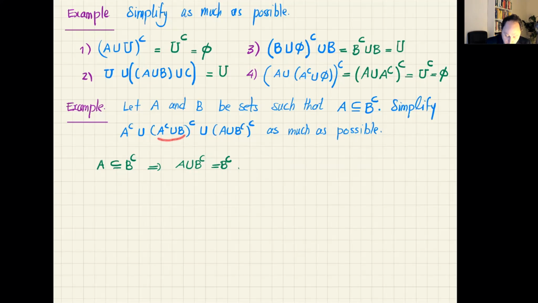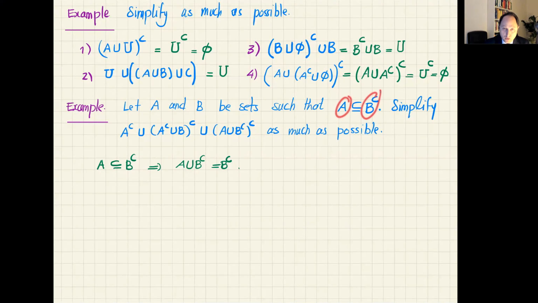When I go here, unfortunately, complement is on top of A and B. So if I want to proceed, one way might be to understand which one is bigger, in quotation mark, than the other one. But you are giving me only the information for A and B complement.